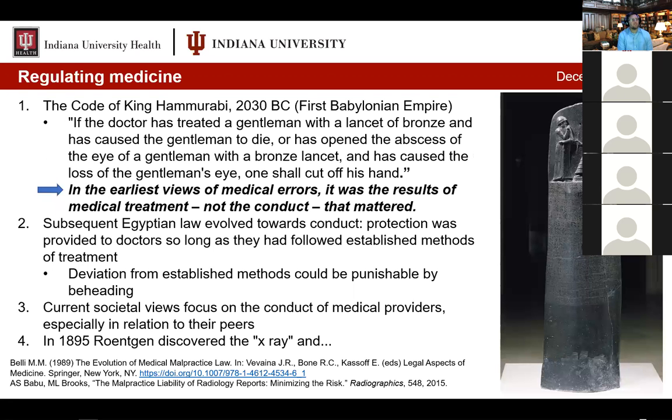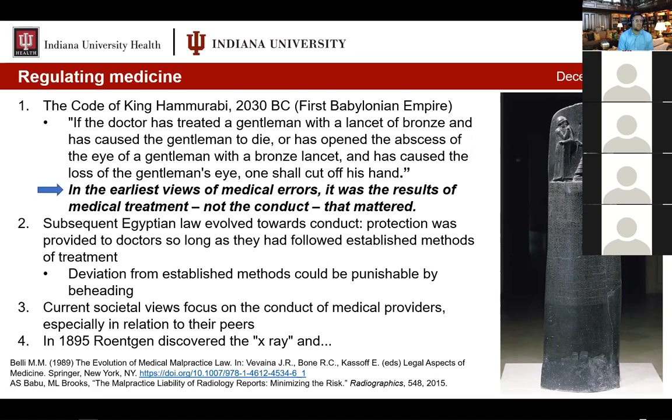Okay, so the first attempts at regulating medicine that I could find began with the Code of King Hammurabi, which was back in the First Babylonian Empire. And this is actually the actual code of King Hammurabi. This set of laws actually tried to regulate medicine.